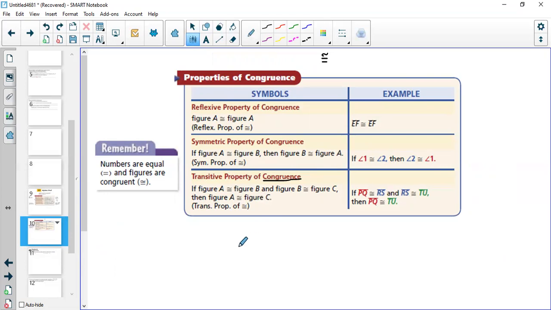Now there are 2 more properties which I would like to explain. One is the segment addition postulate. What is the segment addition postulate? When you add 2 segments, you know that these are line segments. So when you add 2 segments, this is called the segment addition postulate.